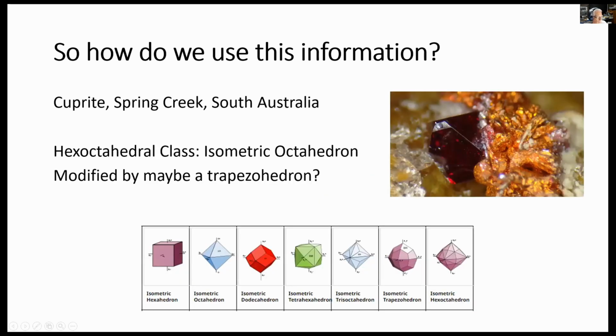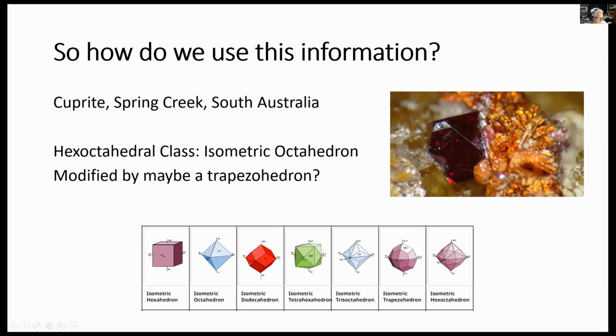And it's modified by this particular face here, which I think is probably the trapezohedron face, but I'm not 100% certain on that. There's not a lot of choices there, really. No, it looks like it's the wrong angle for it to be a dodecahedron. Yes, it's too steep, not steep enough to be that one. Correct. So that's the only one really that I can pick.